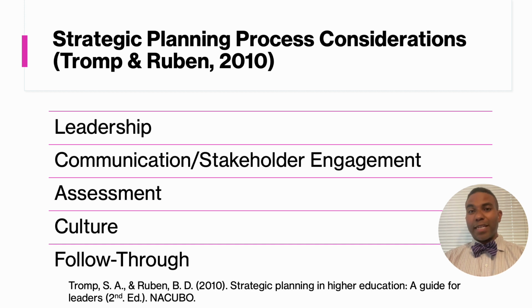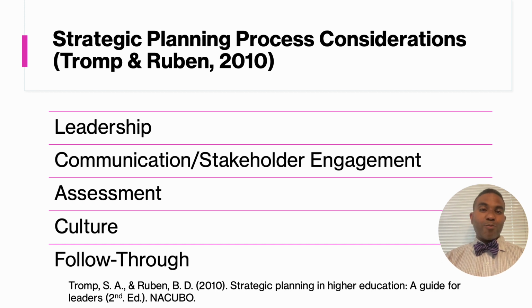Follow through, right? If you create a strategic plan, as awesome as it looks on paper when it's created, if it just sits on the web and nobody ever knows how we're doing on the plan, we spent time saying this is what we're going to do, but there are never any follow-through updates about how the strategic plan is going, again, that plan is probably not going to be achieved.